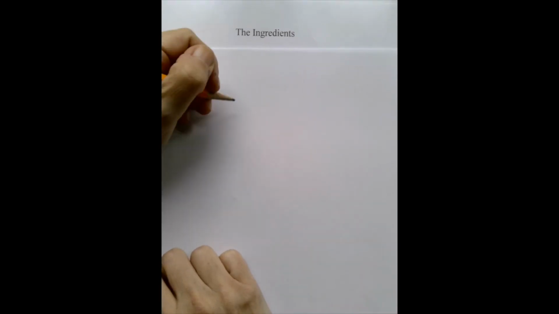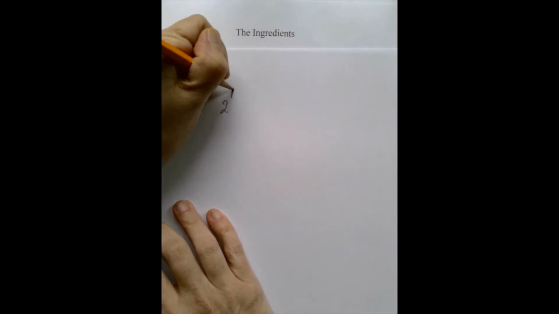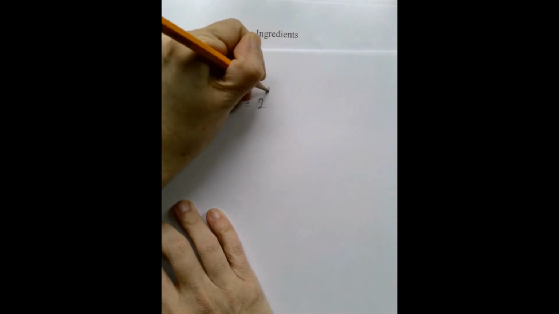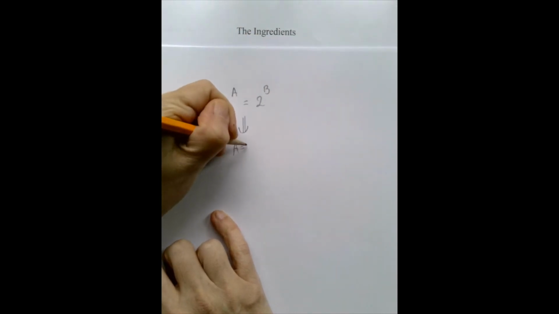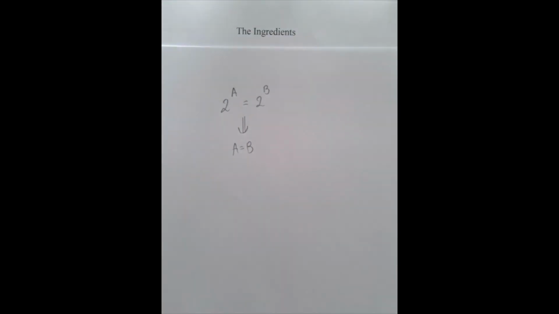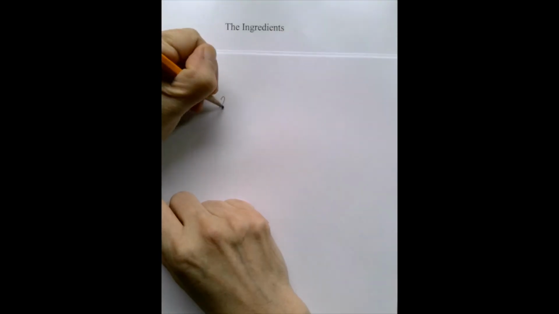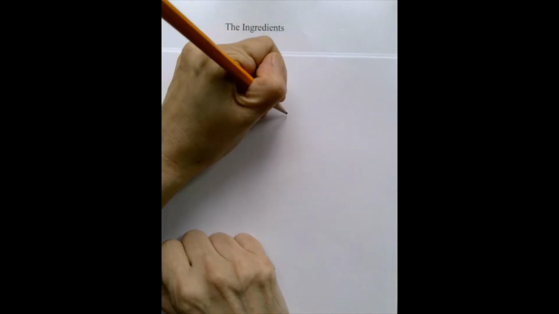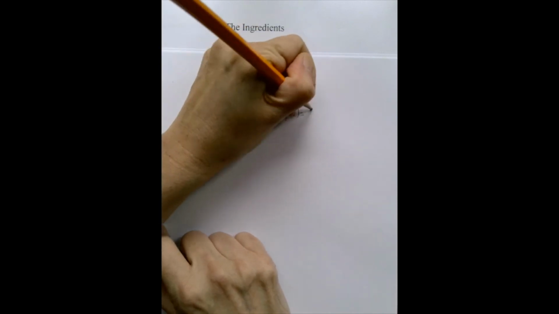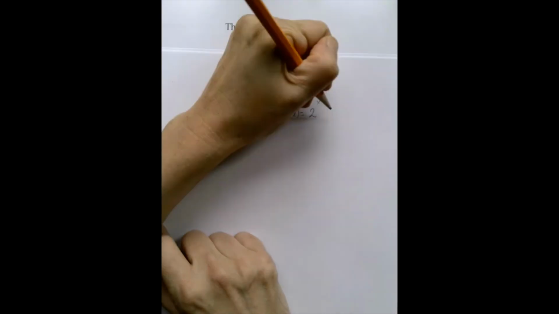In our particular case, here is what it gives us. We can say that if 2 to the a equals 2 to the b, then a must be equal to b. That's what a one-to-one function does. So if 2 to the a equals 2 to the b, recall that f of x equals 2 to the x is one-to-one.